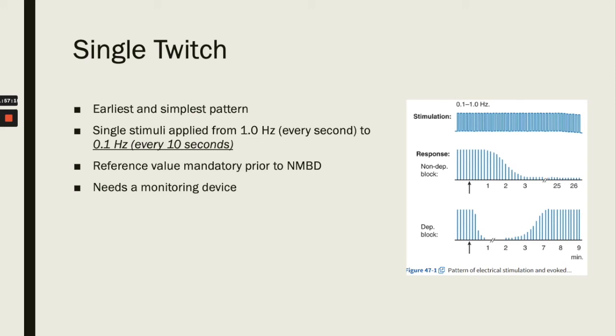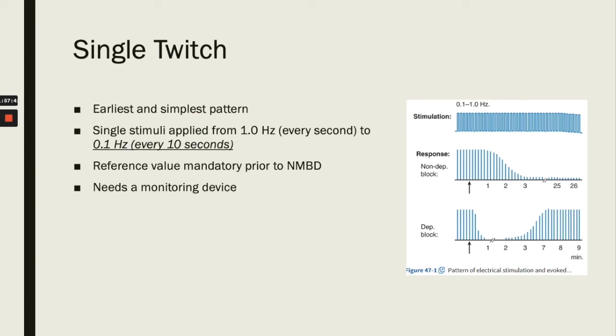You need a reference value prior to blocking the patient. So as you get the patient off to sleep, but prior to giving the neuromuscular blocker, you need to see what their response is to that single twitch.